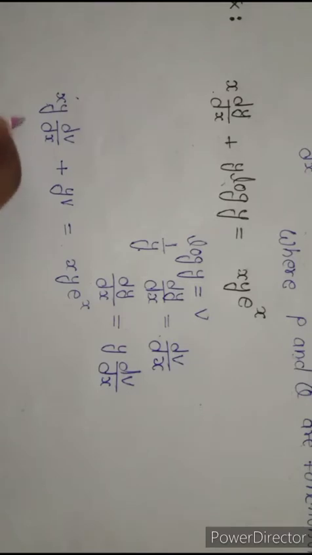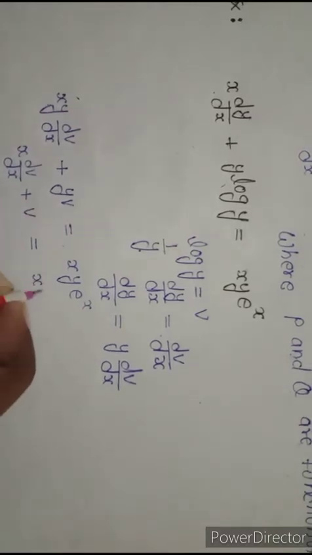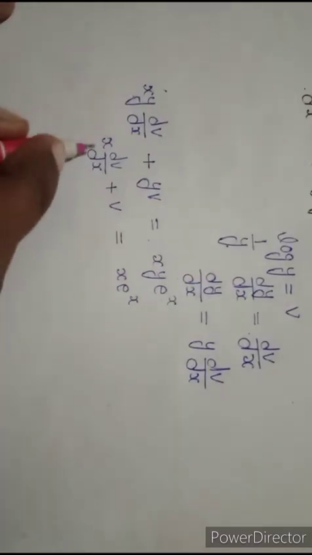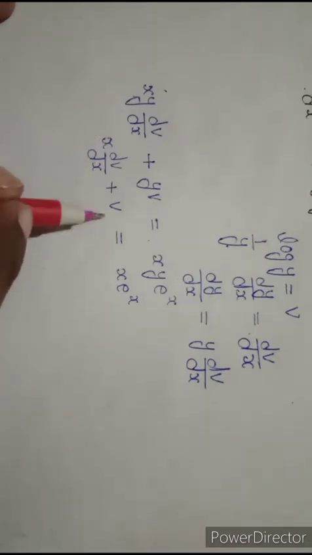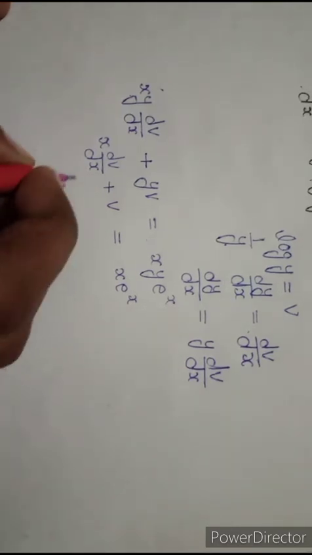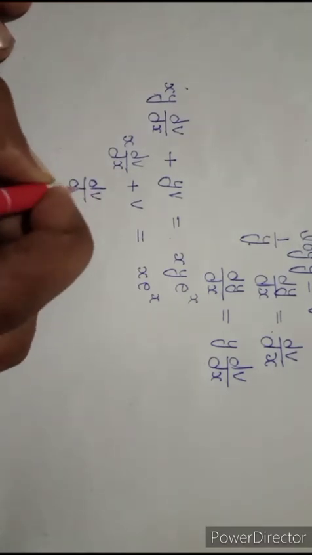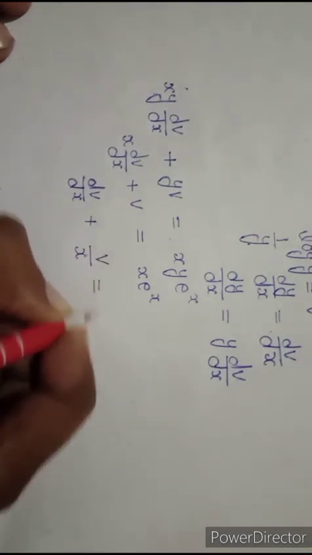So x dv/dx + v = x e^x. Now it is not yet in the standard form, but if we divide by x on both sides, then it may be reduced into the linear differential equation standard form. So I am going to divide by x on both sides. So dv/dx + v/x = e^x.